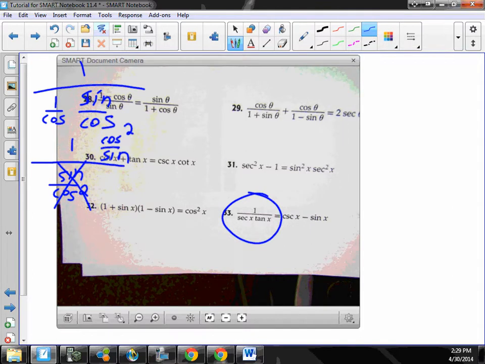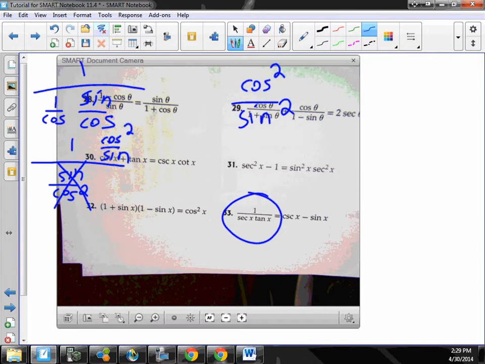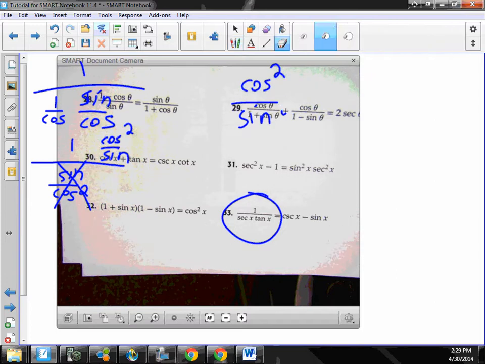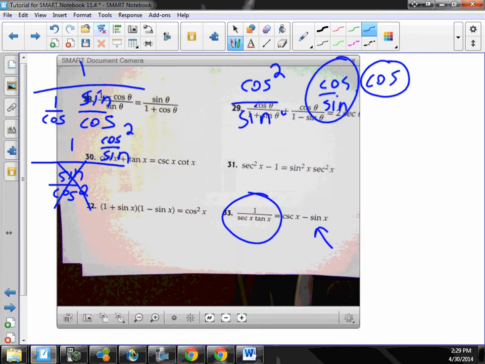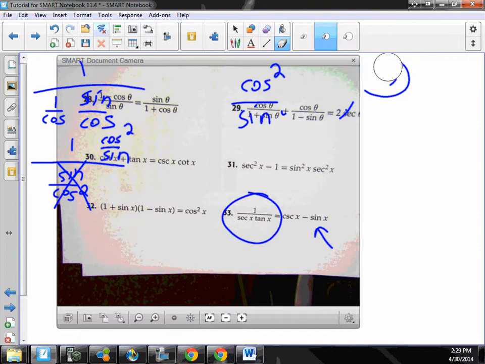Okay, so now I have cosine squared over sine. I could turn that into cosine over sine times cosine, which would be cotangent times cosine. But does that get me any closer to my answer, which has a subtraction in it? No. I need to generate a subtraction somehow. So that's not going to work.